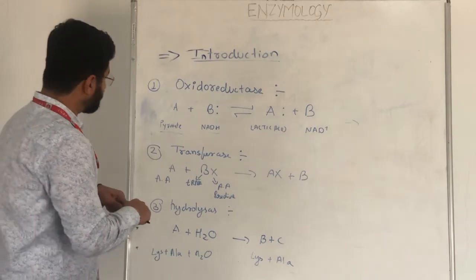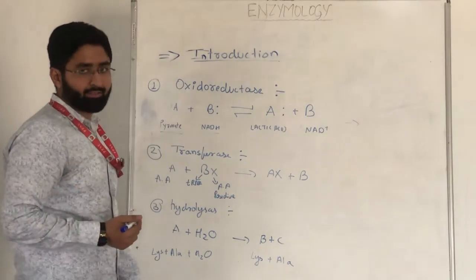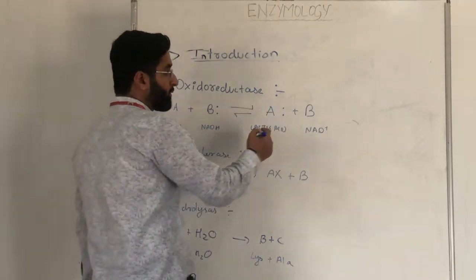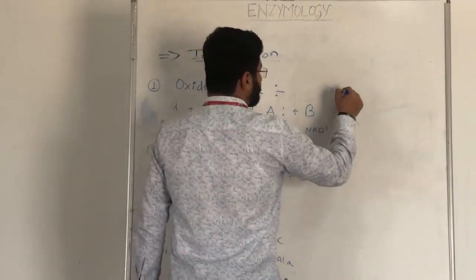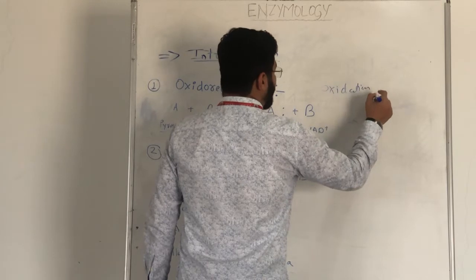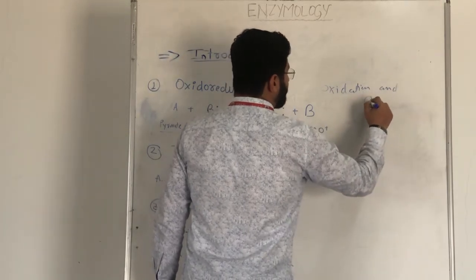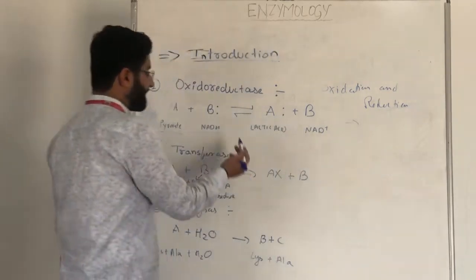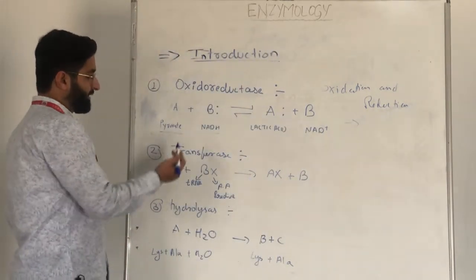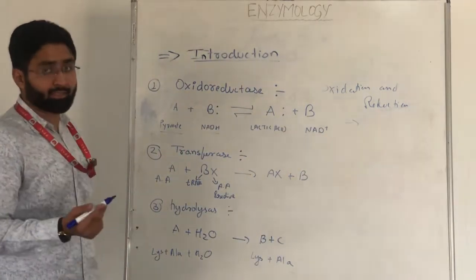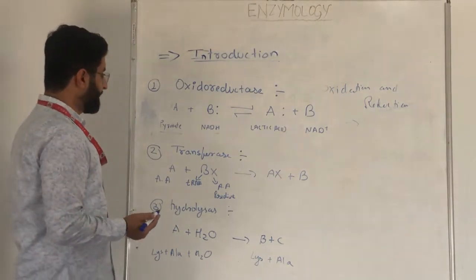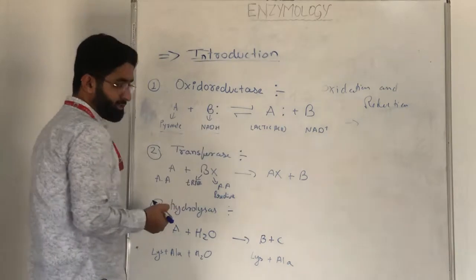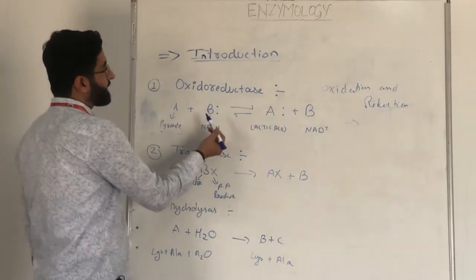First comes oxidoreductase, where both oxidation and reduction take place in these reactions. As you can see in this example, I have taken a step in glycolysis. Here A refers to pyruvate, B refers to NADH, and here are the electrons.